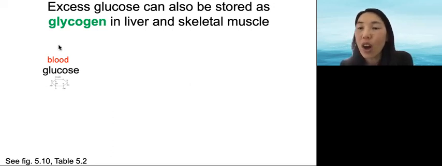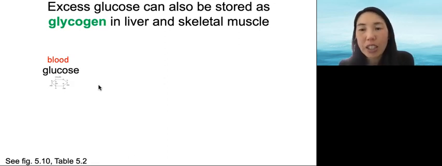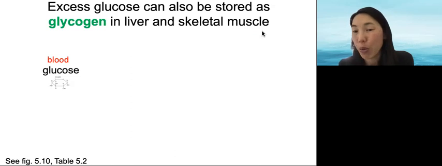Recall that glycogen is also a carbohydrate, specifically a polysaccharide, similar to starch and cellulose. Except glycogen you find stored up in skeletal muscle. It is a great form of stored energy for your muscles so that later when you need to, for example, run, you have a good source of energy already in the muscles to use.